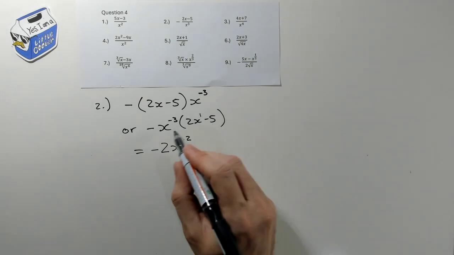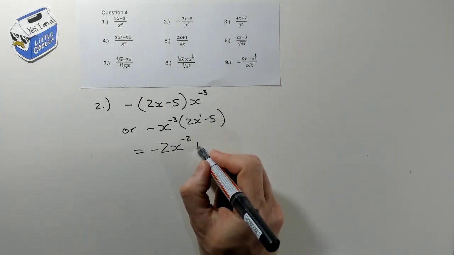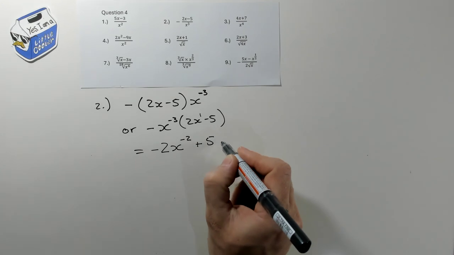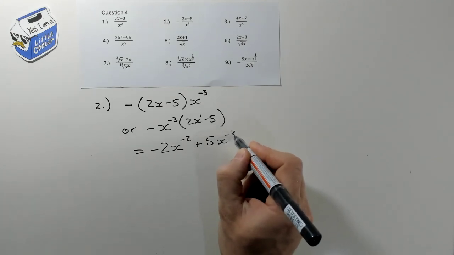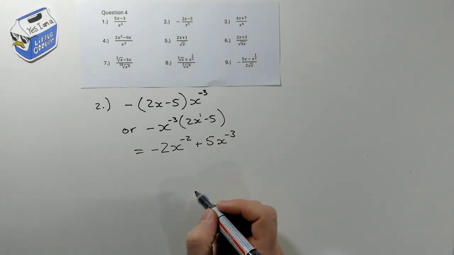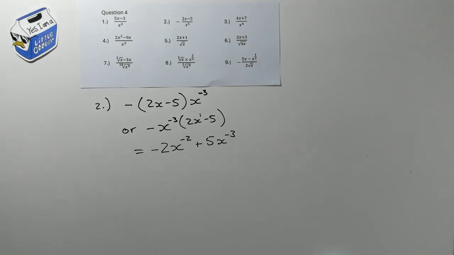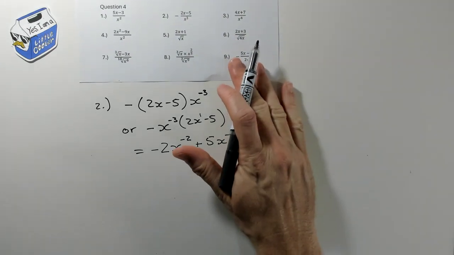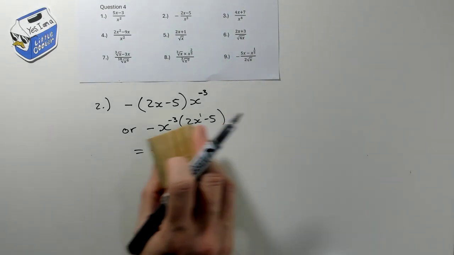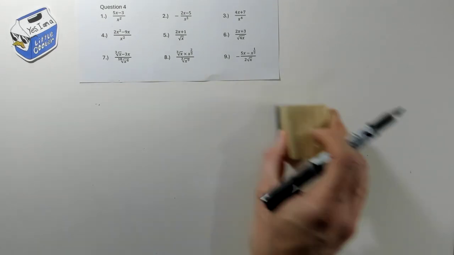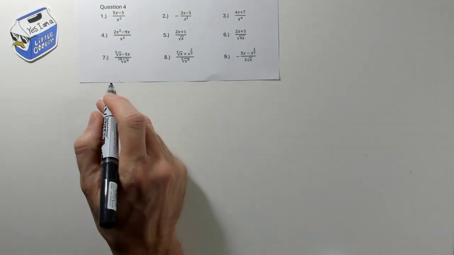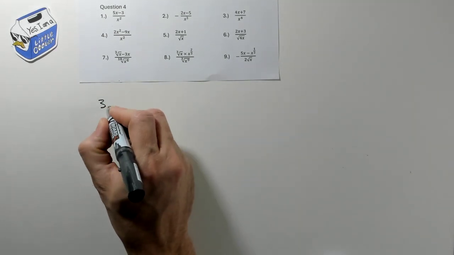And if I multiply the other one in, negative times a negative is a positive, and 5x to the power of negative 3. So I'll switch between both methods, and then you can see which one you like more, but both work. Sometimes splitting it up reduces errors, but it's up to you.